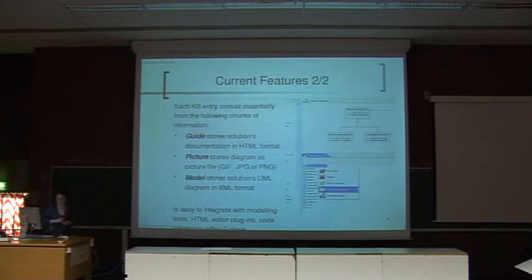And there is also an XML format, a representation of the model so that it can be used in other tools. Actually, it is not limited to UML. It can also be some other modeling language. And it should be quite easy in Eclipse to integrate Stylebase for Eclipse with HTML editor plugins or modeling tools. Like we mostly use it with Topcased, but it can be used with any other tool as well.